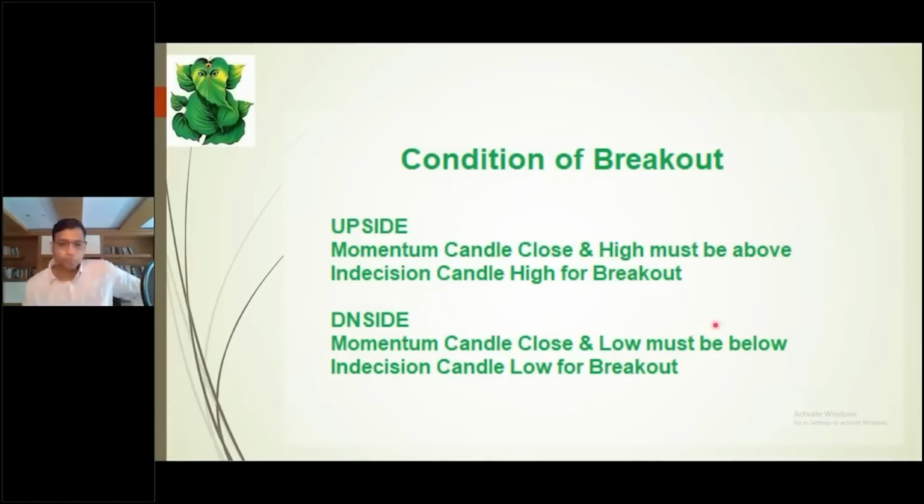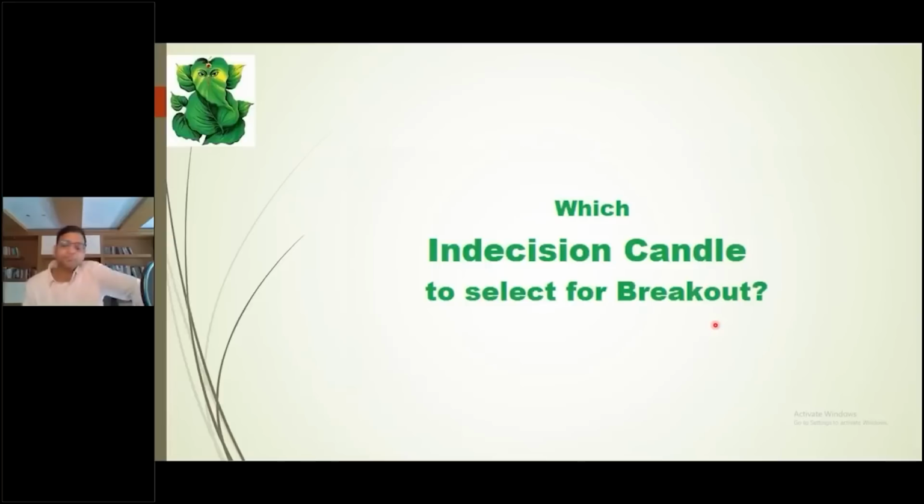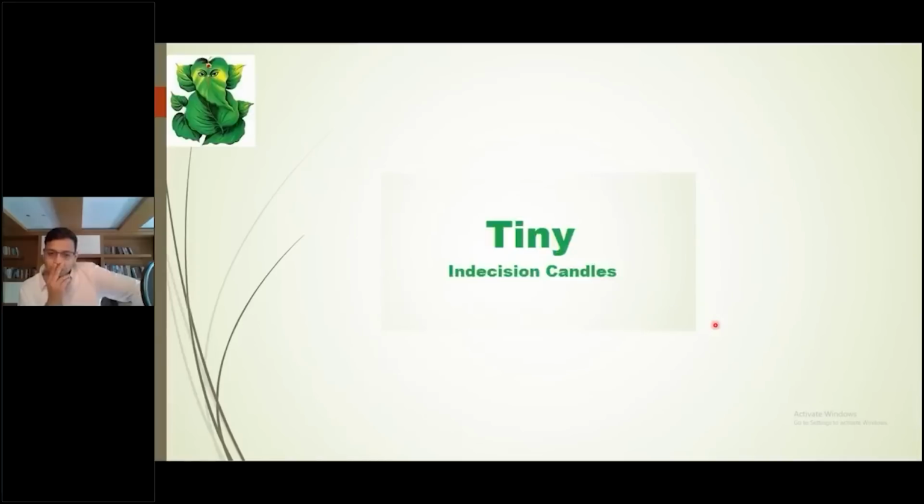When trend emerges from an indecision candle, it is a birth of a momentum candle. Let's move ahead. Now, which indecision candle to select for breakout? There will be lots of indecision candles. They could be at the top, they could be at the bottom, but we will only select those indecision candles to trade breakouts which have tiny candle height.